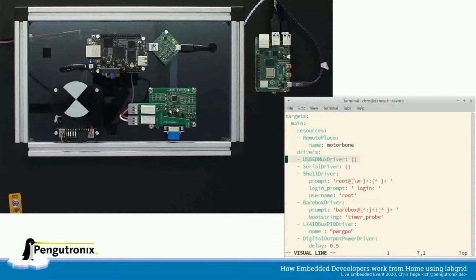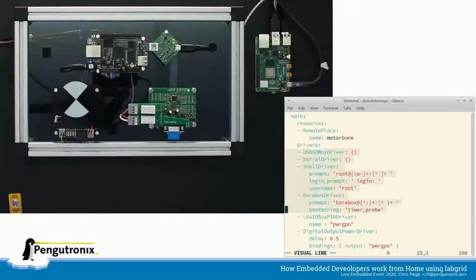First of all, a driver to use the USB SD mux, one driver to control our network serial port, and 2 drivers on top of the serial port, one to control a shell that is running inside Linux, and one to control a shell that is running in our bootloader, and our bootloader is Barebox.